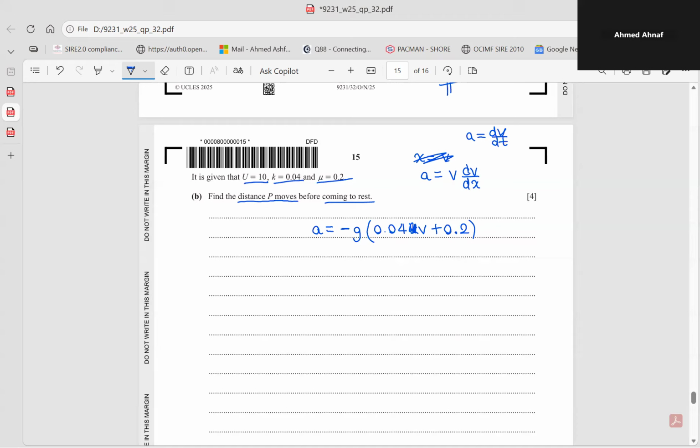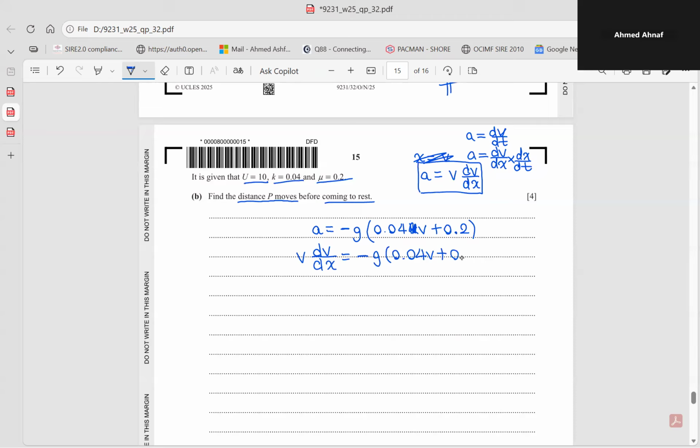Using the chain rule, you can replace this with dv dx times dx dt. We know dx dt equals v, so therefore we get a equals v times dv dx. So we're going to do that: v dv dx equals minus g.